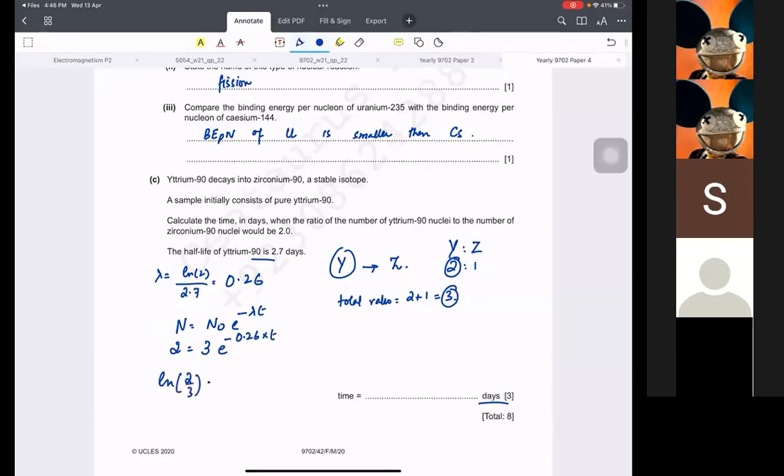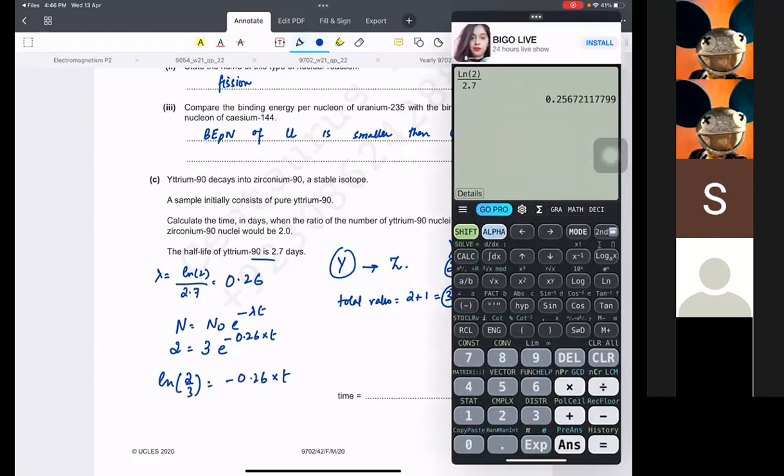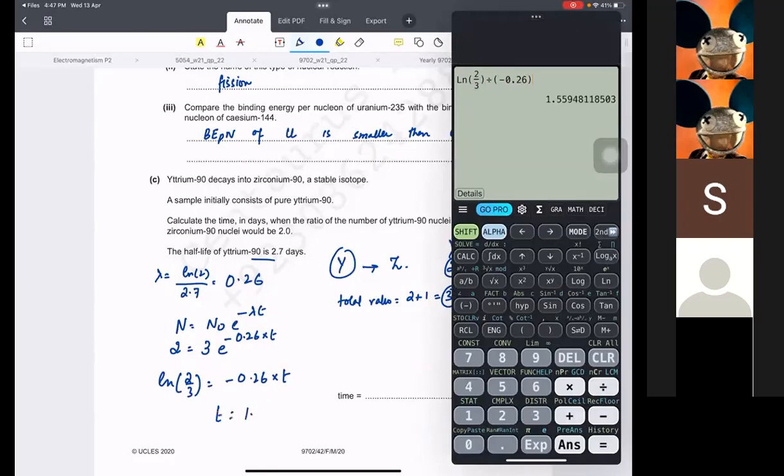So ln(2/3) equals minus 0.26 times t. And the answer is ln(2/3) divided by minus 0.26. It is 1.56 days.